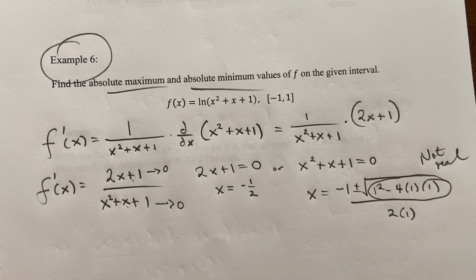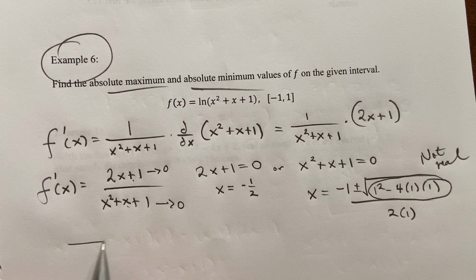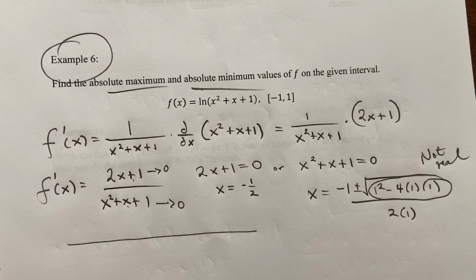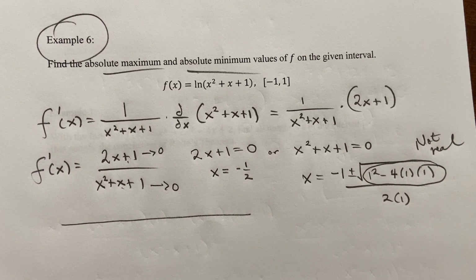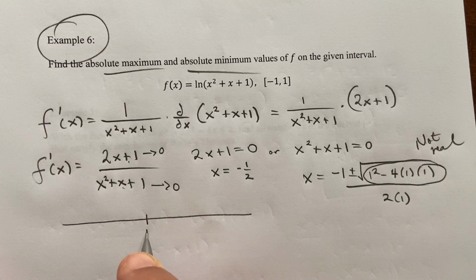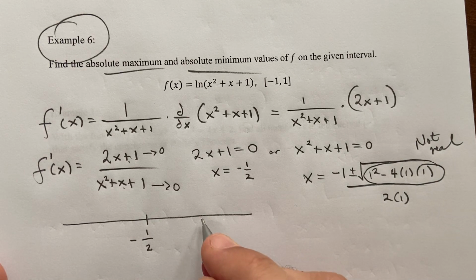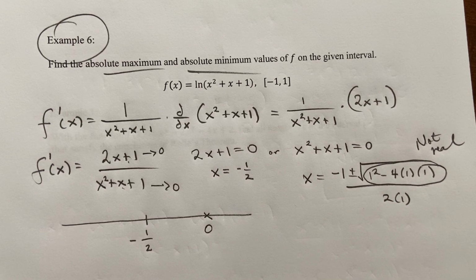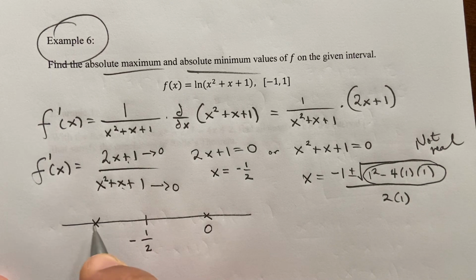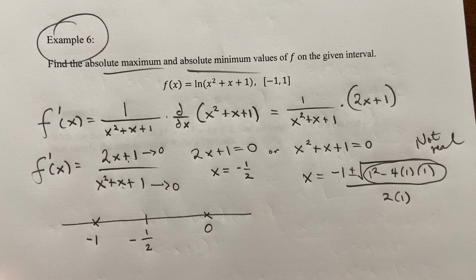So what I'm going to do is place that critical number on a sign chart to see what kind of value it is. Is it a min or a max? So -1/2, place it there, and then I'm going to test around it. I'll test over here, using 0 as a test, and then I'll test over here, maybe using -1.